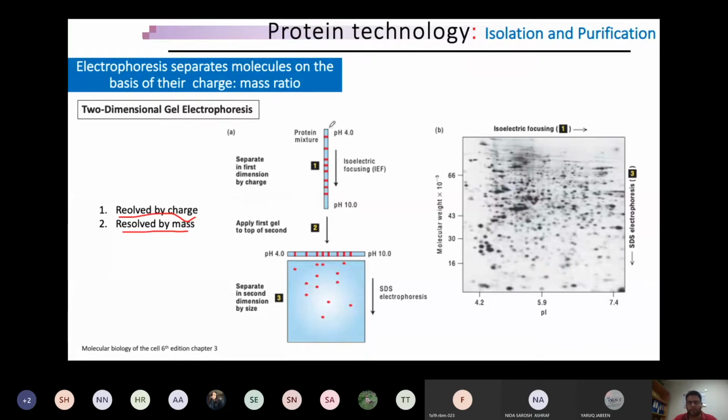What are these ampholytes? Can somebody tell me what ampholytes are? Anybody? We studied ampholytes, didn't we? Sir, those that can act as a base and as an acid, that carry both positive and negative charge.